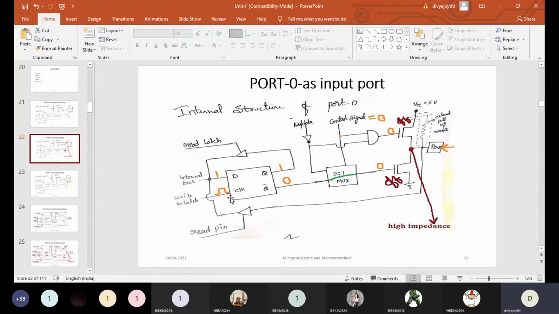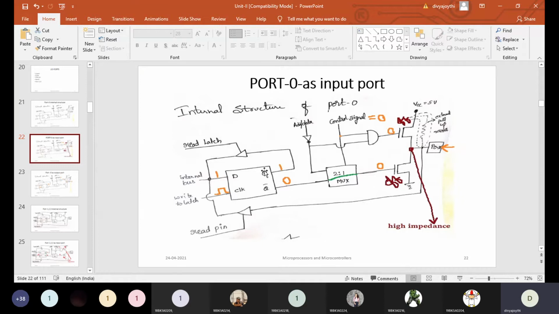And to the clock, write to latch, through this particular pin the clock will be provided. And what have we given to the latch, whether 1 or 0, if you want to know it, that can be known through this upper buffer. Here we have an upper buffer and a lower buffer. So we have given 1, but still you have a doubt whether you have given 1 or 0. In between the operation, you just got a doubt about what input you have given, 1 or 0. Then how to know that?